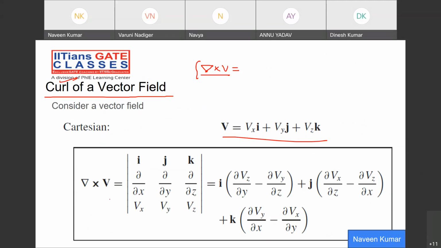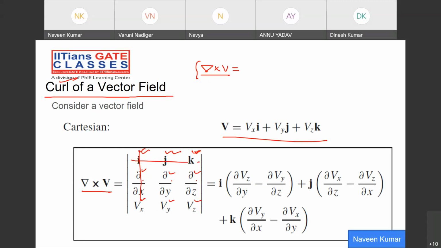You can write del cross V as a determinant with rows i, j, k; del by del x, del by del y, del by del z; and then Vx, Vy, Vz. I hope you are very much aware of this relation, but I'll still give some time here.